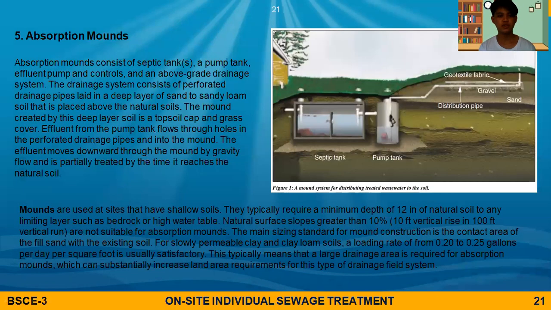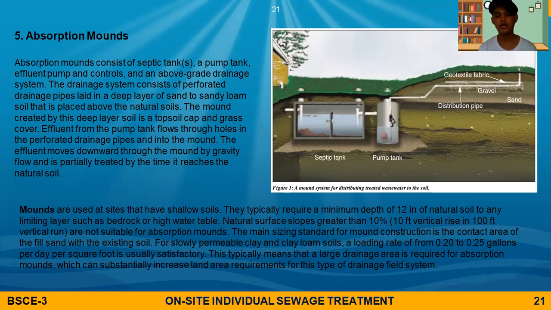Next is the absorption mound. An absorption mound consists of a septic tank, a pump tank, effluent pump, and controls, and an above-grade drainage system. The drainage system consists of perforated drainage pipe laid in a deep layer of sand and sandy loam soil that is placed above the natural soils. Mounds are used in sites that have shallow soils.